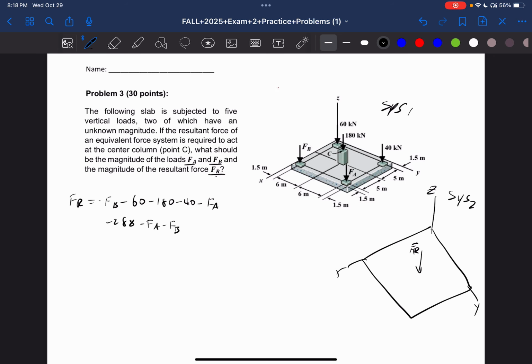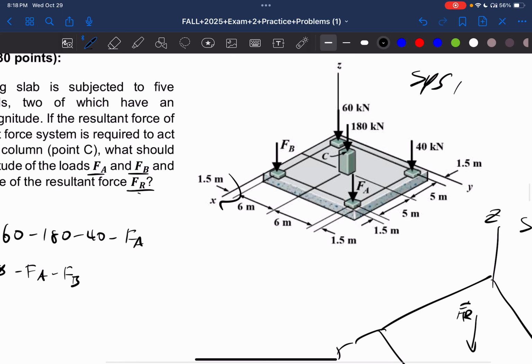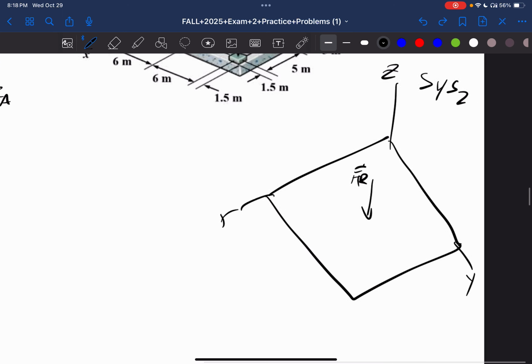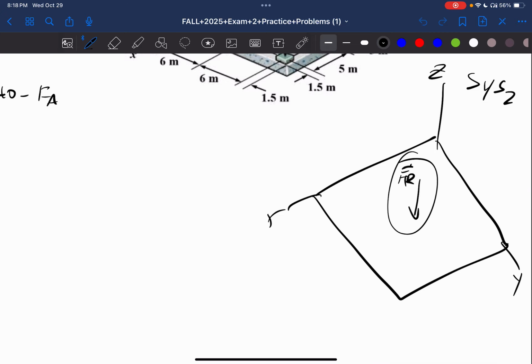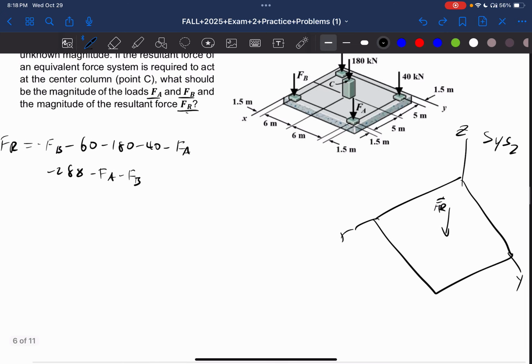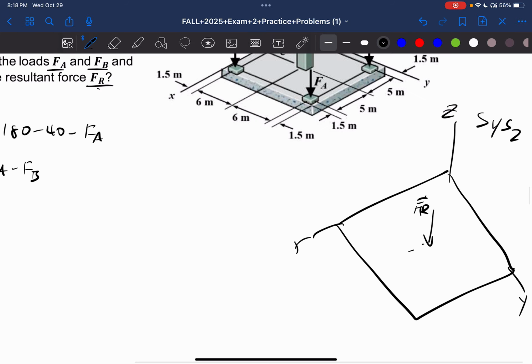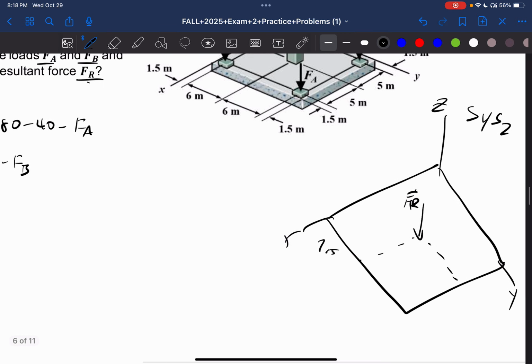We can do the moment about x and the moment about y of system 1. And that's going to be equal to the moment that Fr is going to cause about x and y at system 2. So 1.5 plus 6 is going to be 7.5, and this is going to be 5 plus 1.5, which is 6.5.